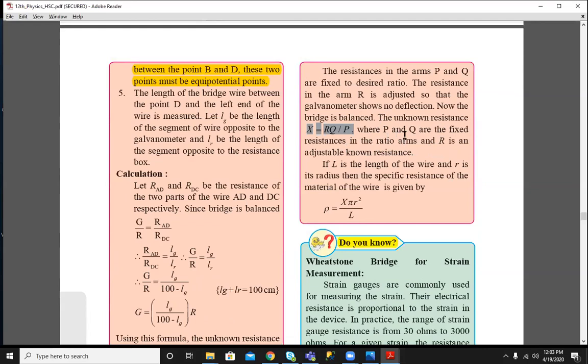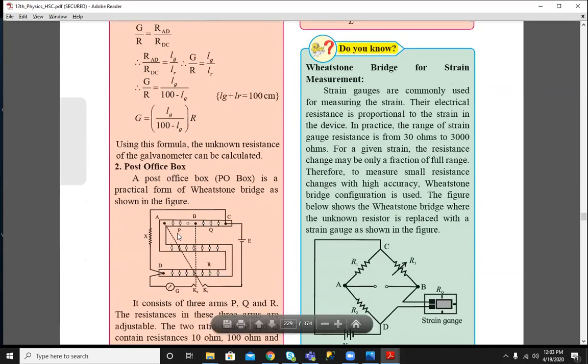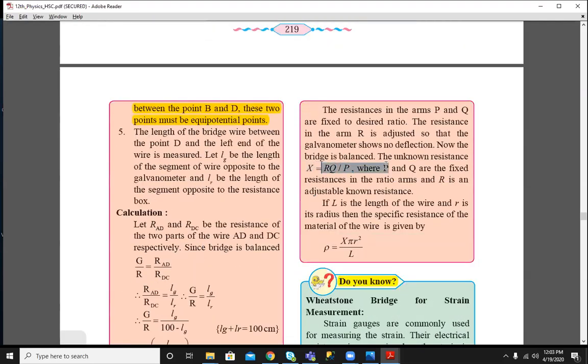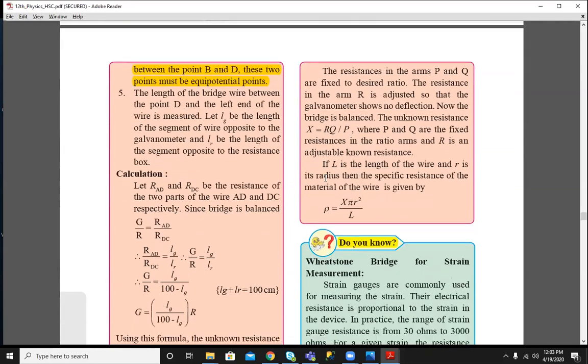Using these, you can determine the unknown resistance X.